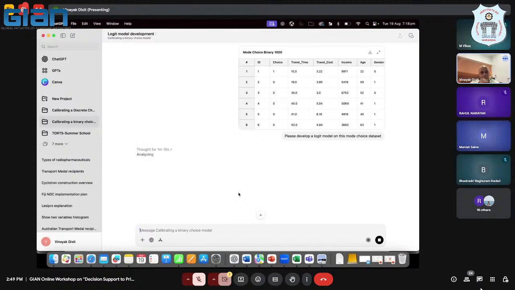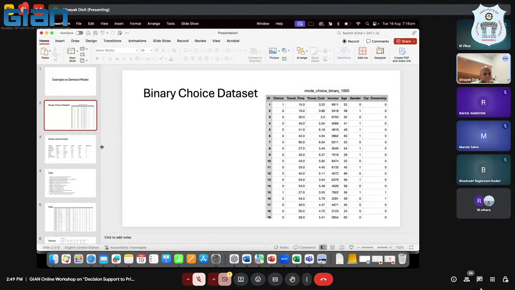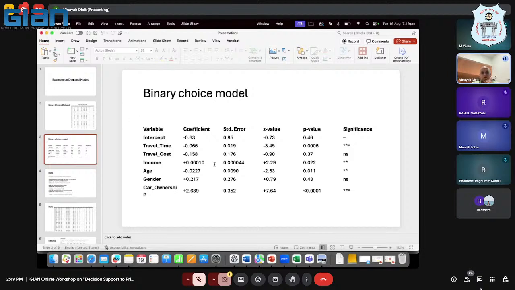Use whatever, and we can also test out if you've got similar results. It's taking a while. I actually ran this model, and I have the results. So this is how the results would look like, but we'll talk about that.